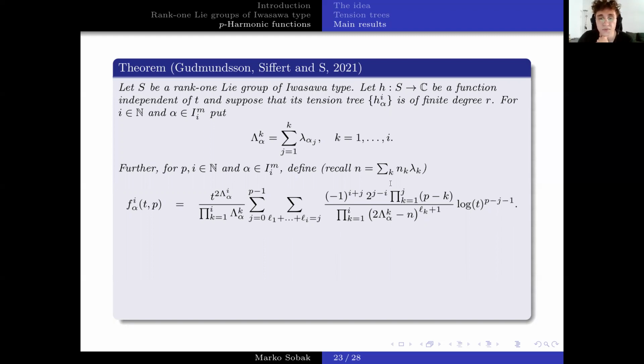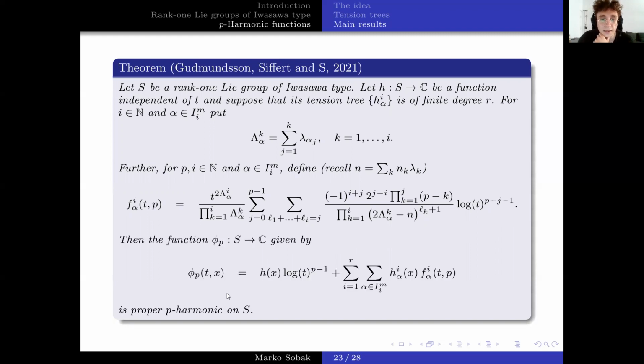Once you define these functions which only depend on t, then you can take your phi p, this usual phi p that we started with, and correct it by adding a sum which depends on the elements of the tangent tree, and also on these particular correctors in t that we defined here. And this is then a proper p-harmonic on S.